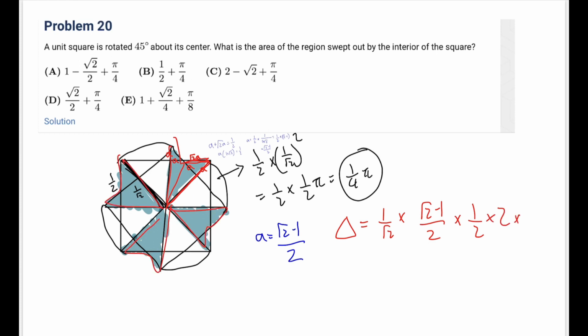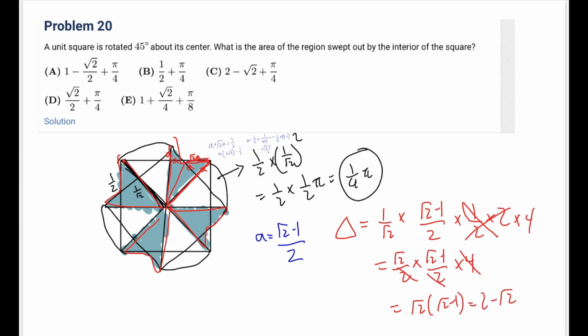So this is times 4. So these cancel, and this will be root 2 over 2, right? And then this times the same thing, root 2 minus 1 over 2 times 4. These cancel, so this is root 2 times root 2 minus 1. This is 2 minus root 2, so the answer is 2 minus root 2 plus 1/4 pi.